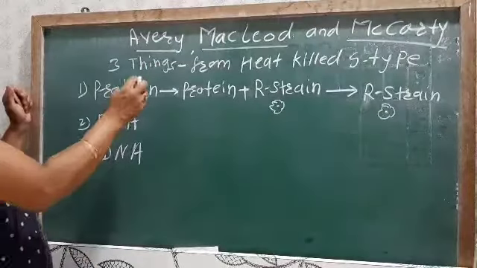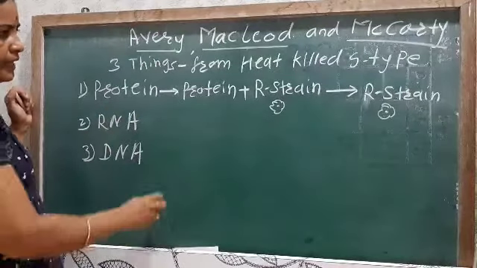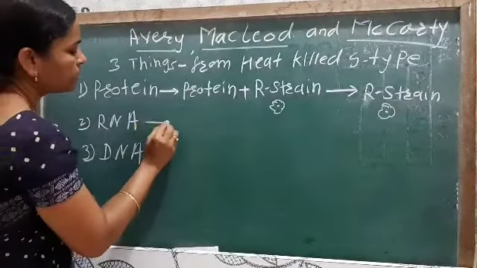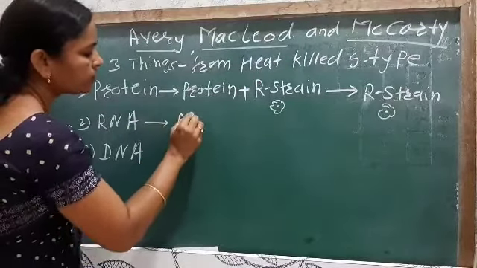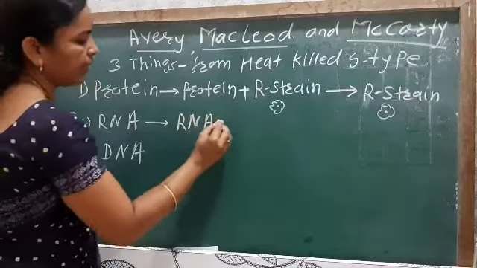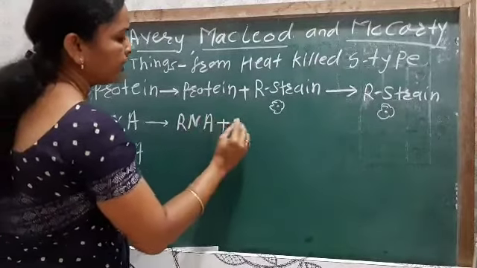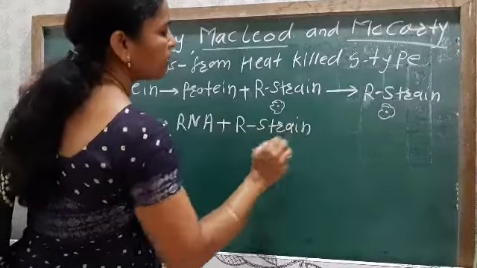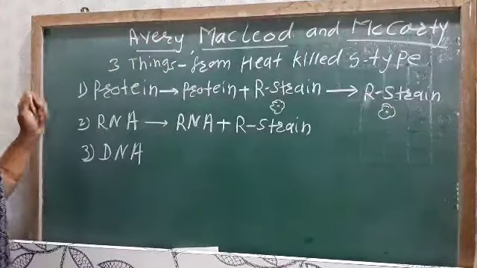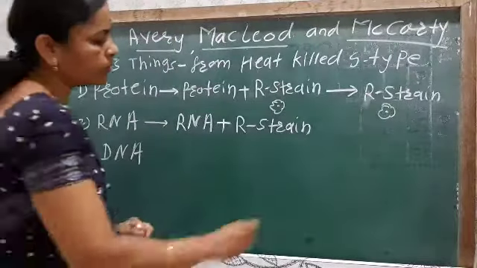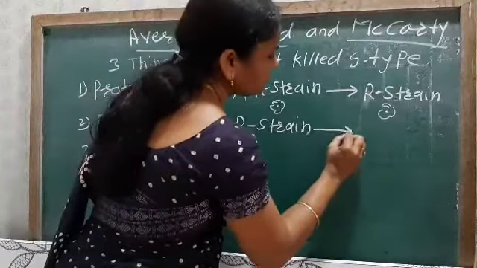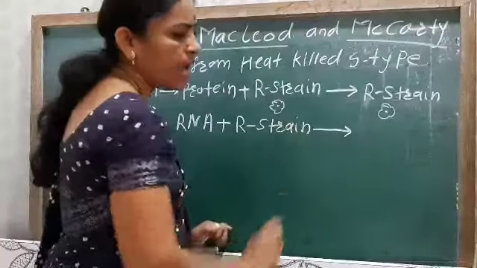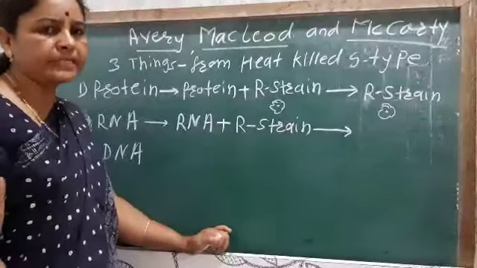Then in the RNA, which is isolated from the heat killed S type bacteria, the S strain of bacteria are mixed, and observe that in this mixture also the R strain bacteria remain as they are.